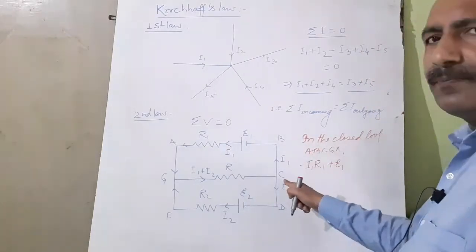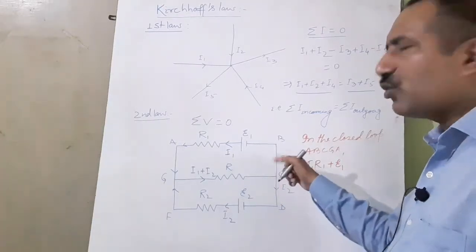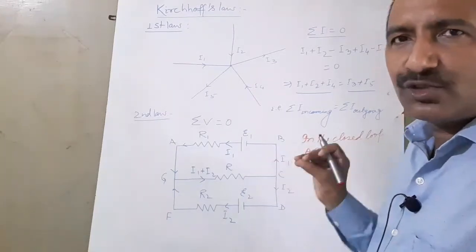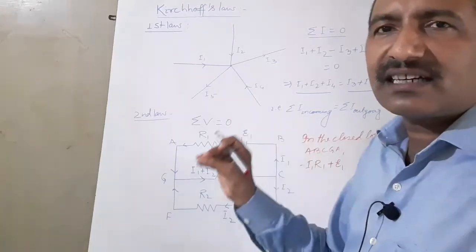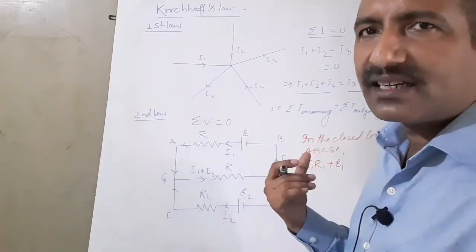From B to C we are going opposite to the direction of current, but there is no resistance. In general, when a resistance sign is not there, means there is a simple conducting wire, we don't have potential difference across the conducting wire.